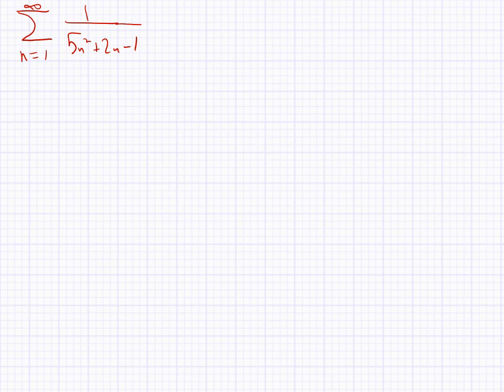So again, looking at it, you go, okay, well, if I can find something that I can compare it to so that when I do the limit as n goes to infinity of this divided by whatever this other series is, I'm going to get this finite positive value, that the numerator and denominator are going to grow at the same rate, then that's the series that'll work with limit comparison test.